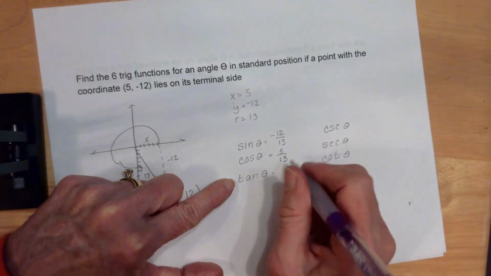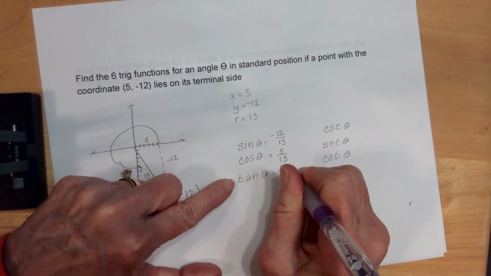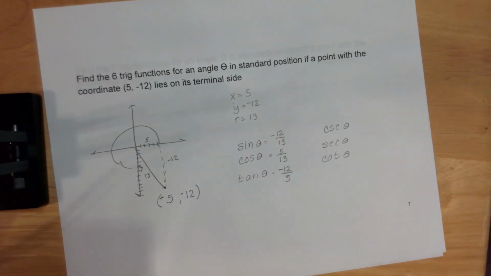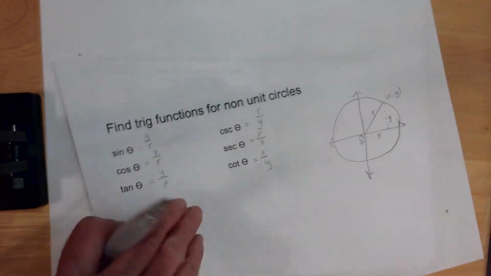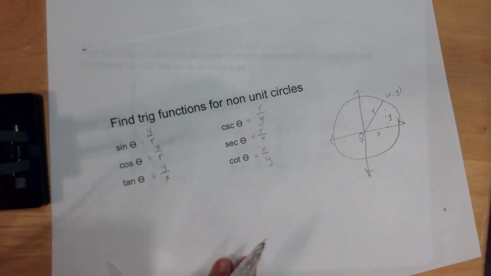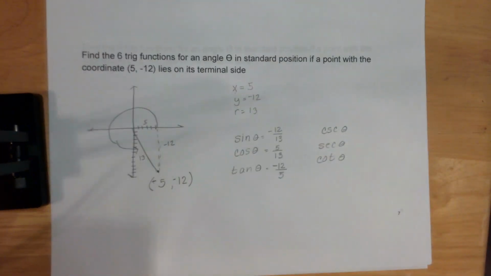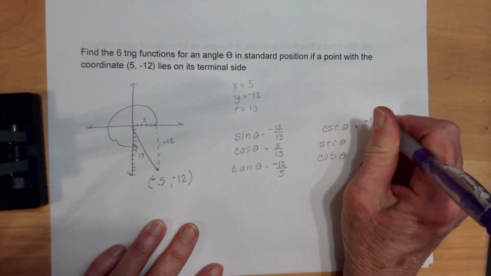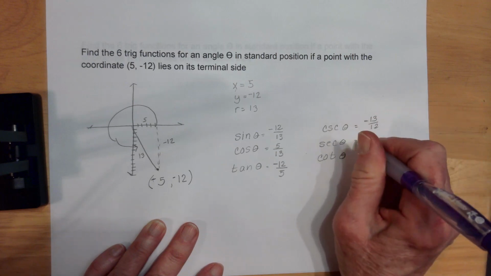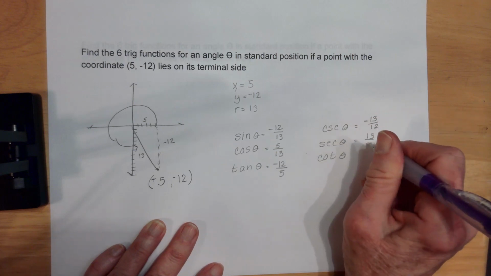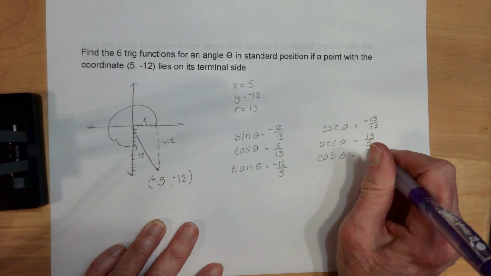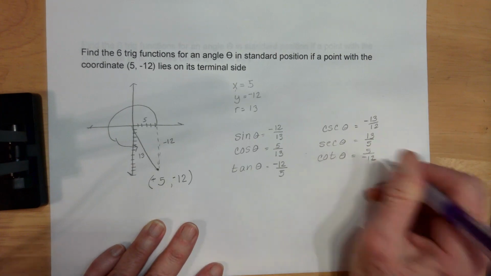And tangent is y over x. So it's just like filling in based on what we've already discovered. Then these are flipped, so negative 13 over 12, 13 over 5, and 5 over negative 12.